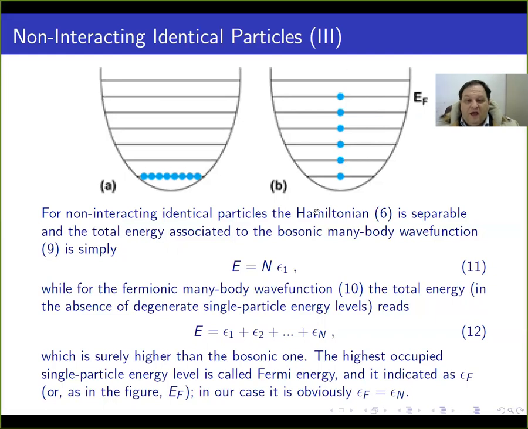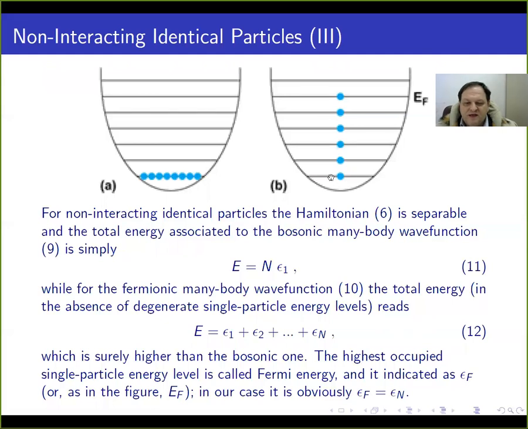Pictorially, you can again think of a harmonic potential with many energy levels, but if you have fermions, actually spin polarized fermions with the same spin, you can have at most one fermion per single particle energy level.